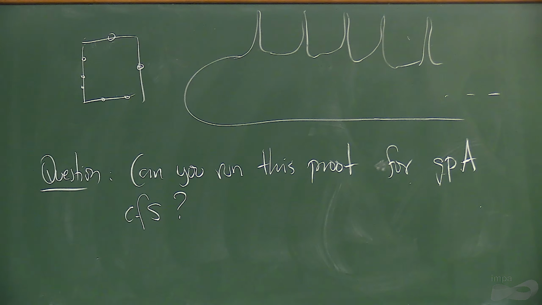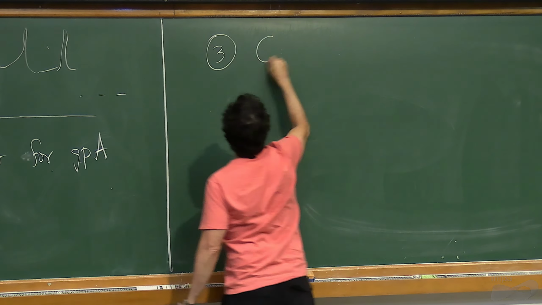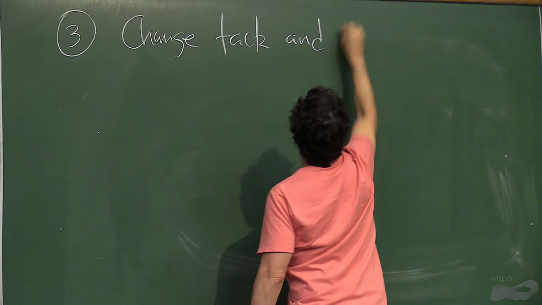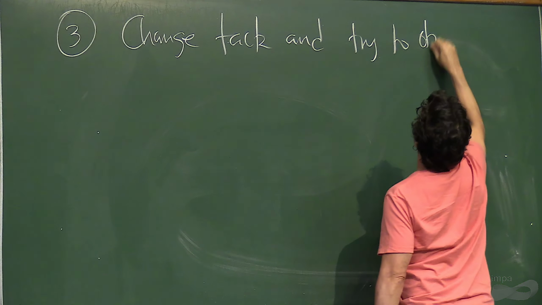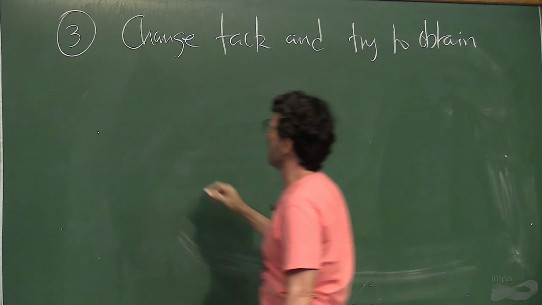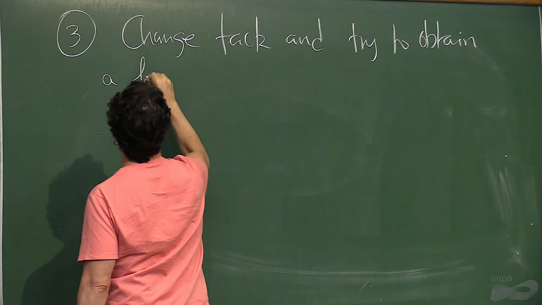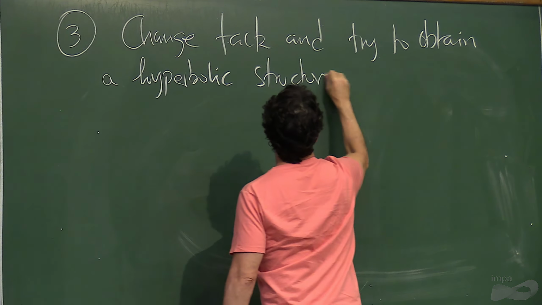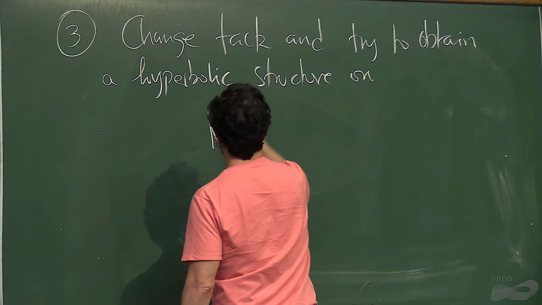volume. So let me change tack and try a different approach, to try to obtain a hyperbolic structure on M phi naught.